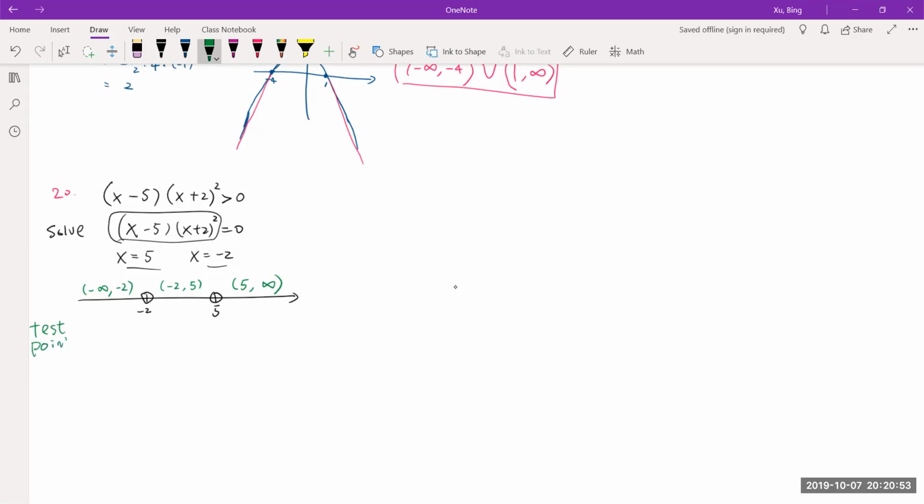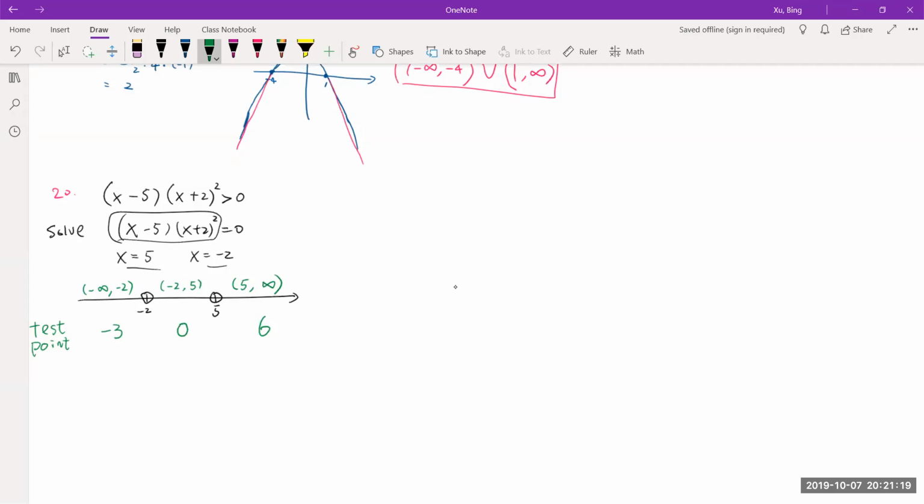So between negative infinity and negative 2, I will pick a small enough one, negative 3. From negative 2 to 5, since 0 is in it, I always like to include 0. Between 5 and infinity, I will pick 6.